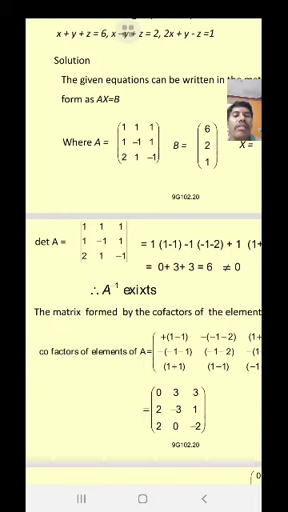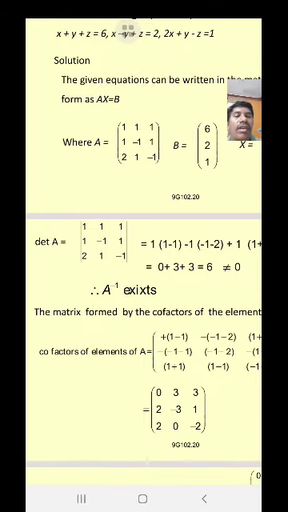The remaining four elements are minus 1 1, 1 minus 1. Then its determinant is AD minus BC, that is minus 1 into minus 1, minus 1 into 1. So 1 into the bracket 1 minus 1.